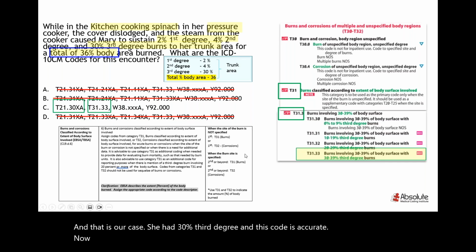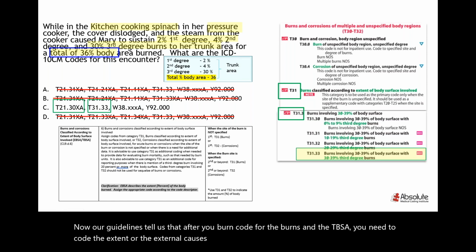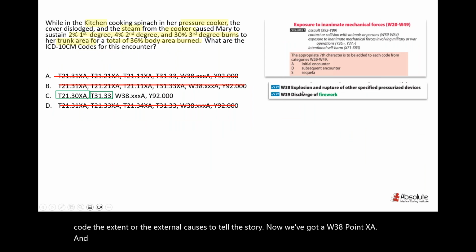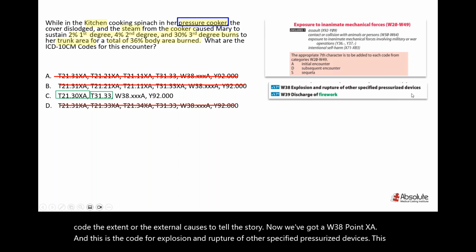Now, our guidelines tell us that after you code for the burns and the TBSA, you need to code the external causes to tell the story. Now we've got W38.XXA, and this is the code for explosion and rupture of other specified pressurized devices. This is indeed what happened.